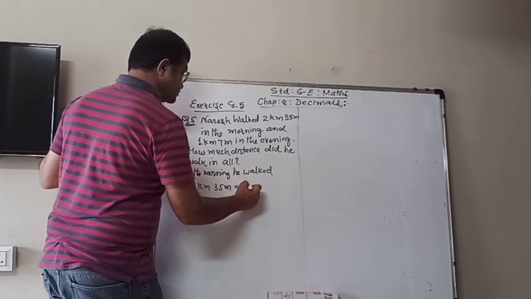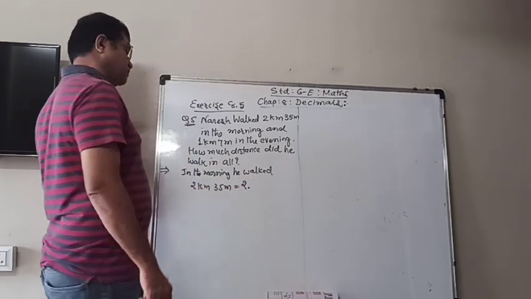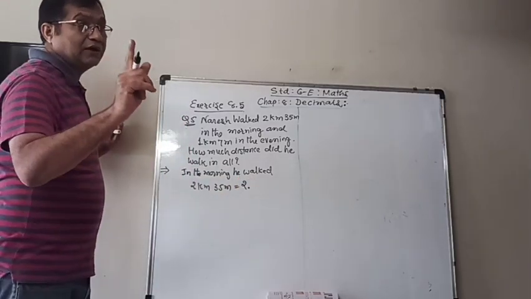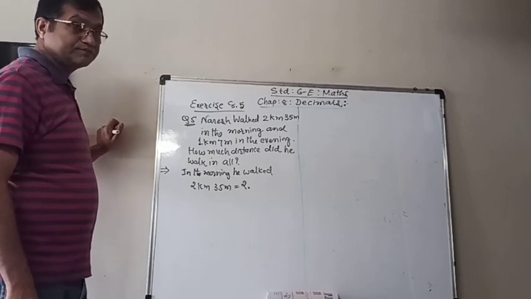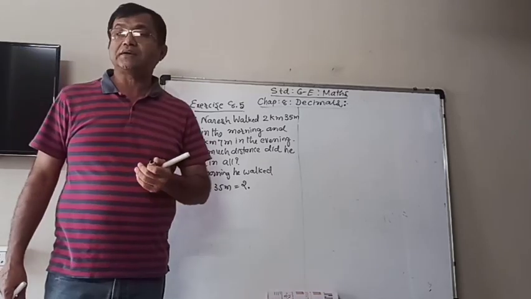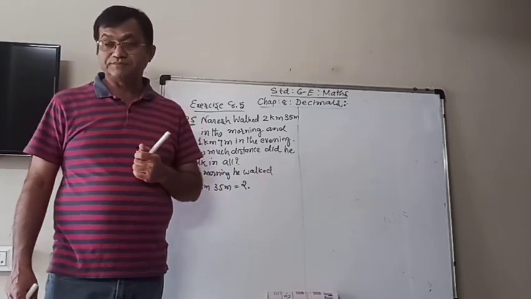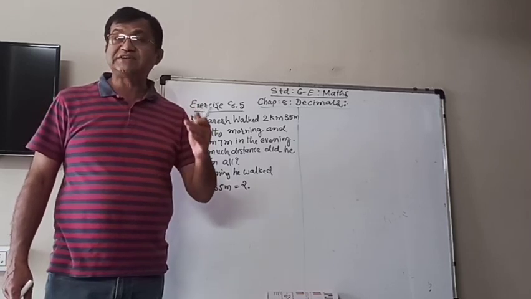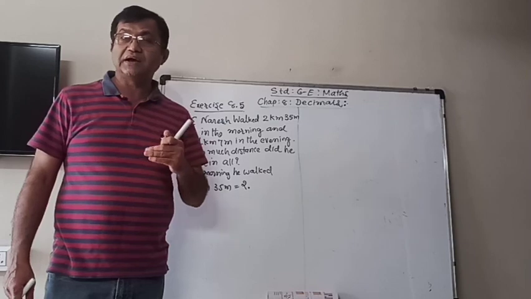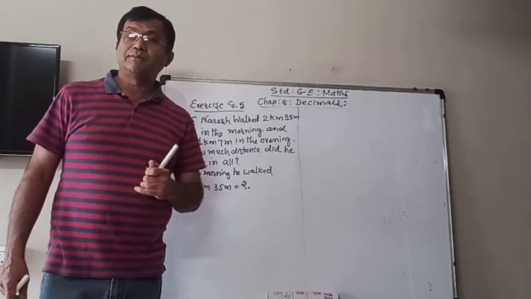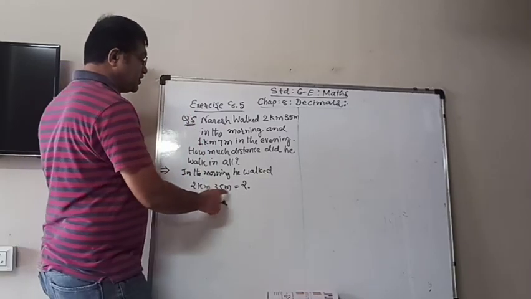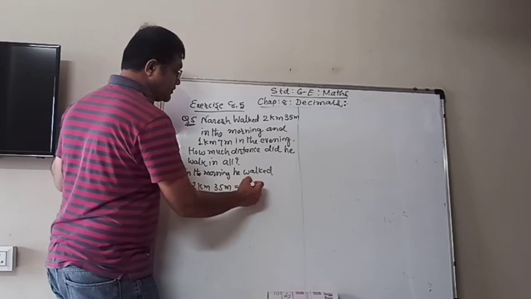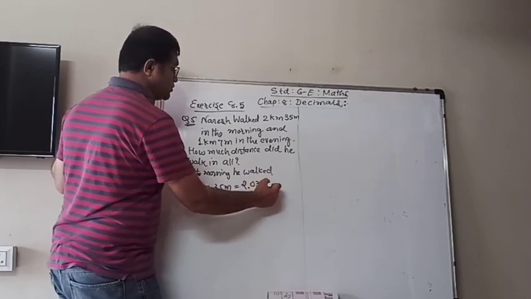That is 2 point. Now here, very important: 1 kilometer is 1000 meter, and therefore there must be 3 decimal places in the number. So here there are 2 only, 35 means 0.035, so 2.035 kilometer.